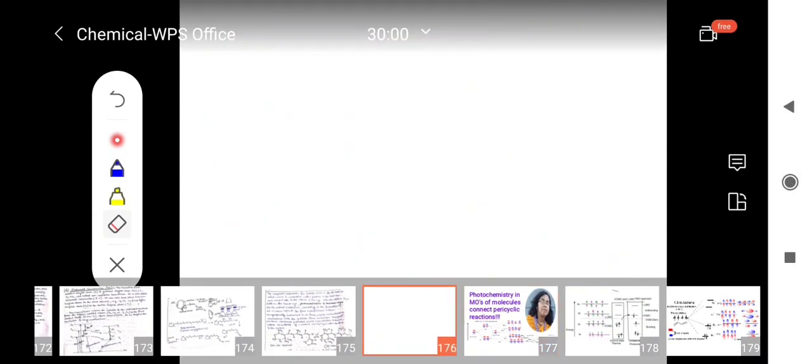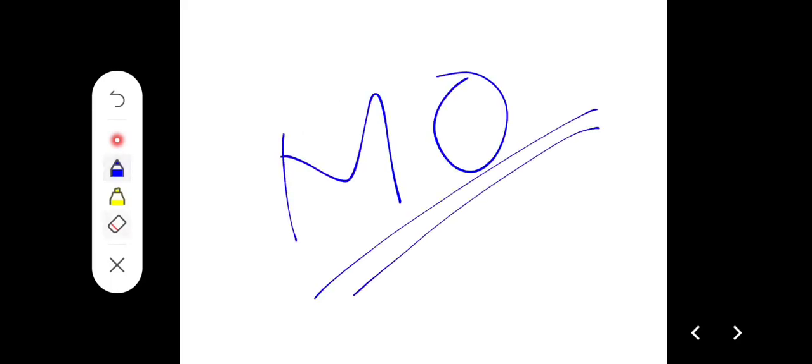First we consider the phenomenon of MO, molecular orbital. A preliminary idea.